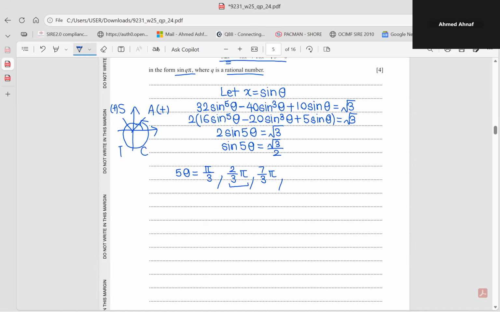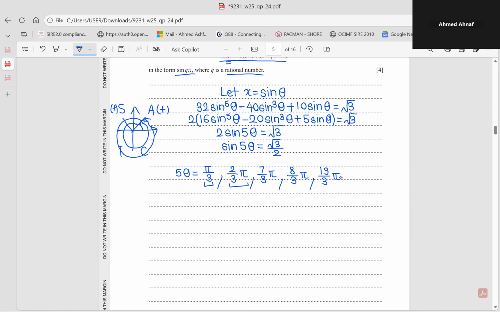So 2 pi plus 2 over 3 pi, you'll get 8 over 3 pi. And finally, we're going to add 4 pi to the first angle in the first quadrant. So 4 pi plus pi over 3, you'll get 13 over 3 pi.